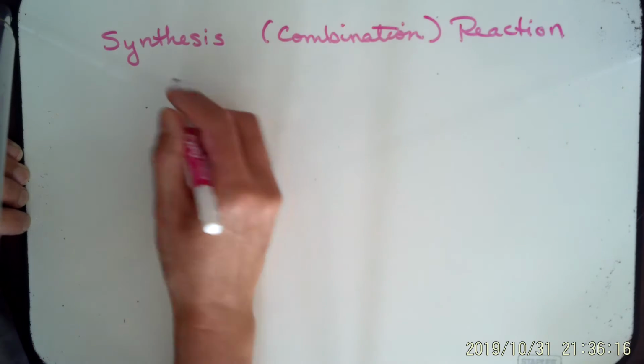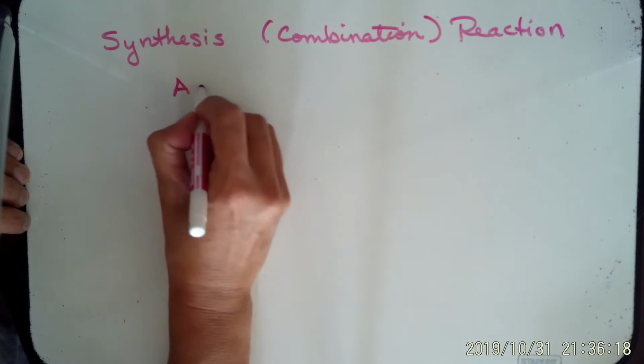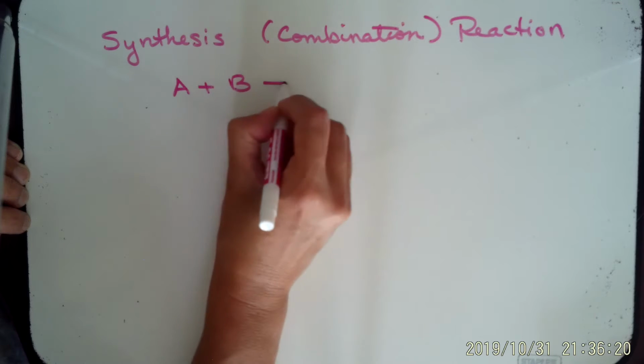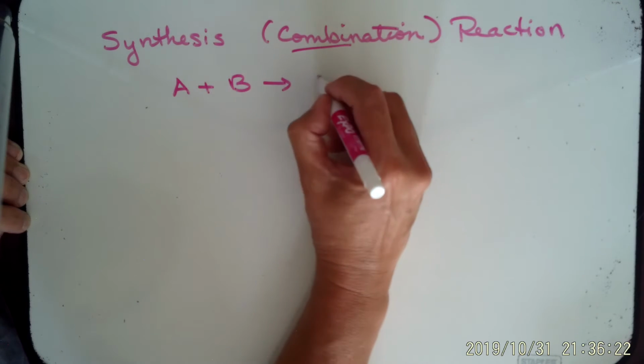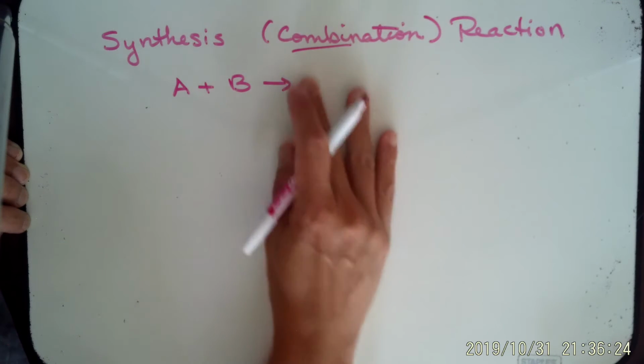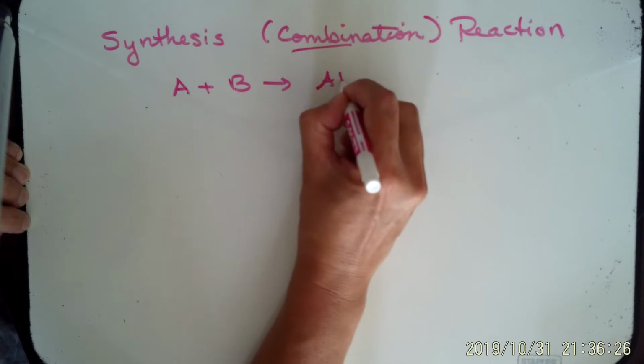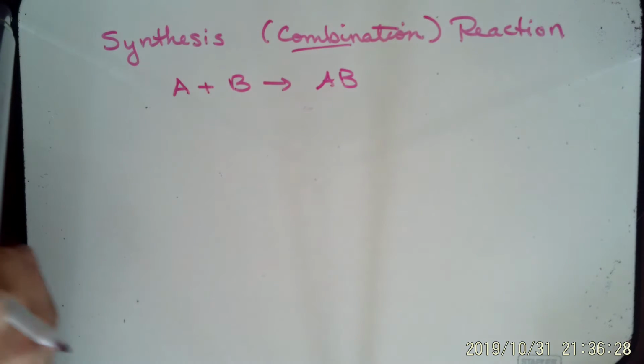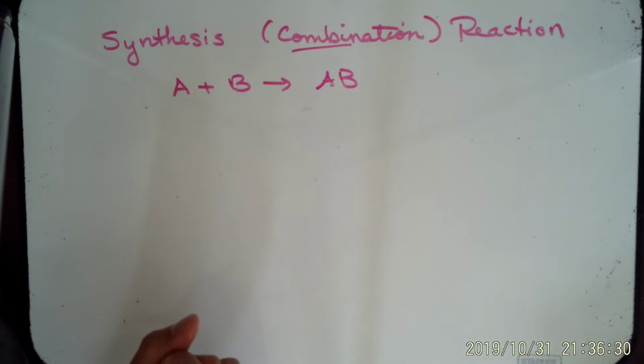Basically, you can have two reactants and they combine, hence combination, to form a single product. So multiple reactants form a single product.